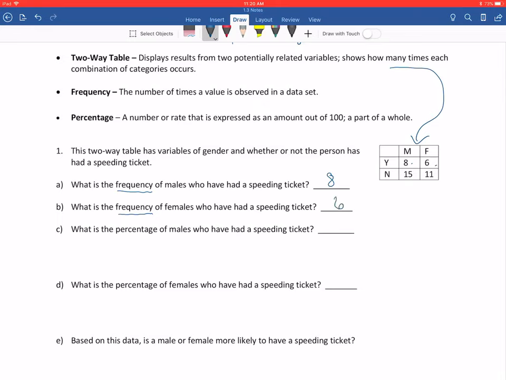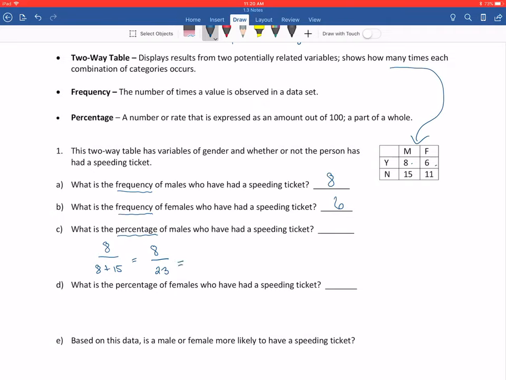Okay, switching the question on us. What is the percentage of males who have had a speeding ticket? So when we want to take a percentage, we want to do a part of the whole. So for us, we have 8 males have had a speeding ticket out of how many total males were asked? Well, there were the 8 that said yes and the 15 who said no. So we have 8 out of 23.